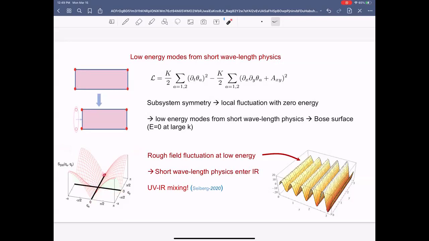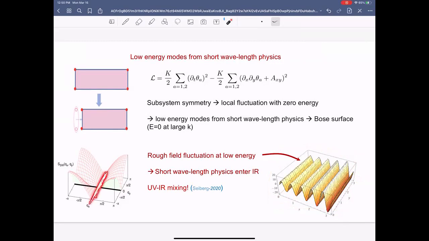So even at very large momentum k, we can have a zero energy mode. If we do a Fourier transform for these modes, that corresponds to a pattern where the field configuration strongly fluctuates along one direction. So this mode actually corresponds to some short wavelength physics. However, this mode still survives in the low energy part of the spectrum.